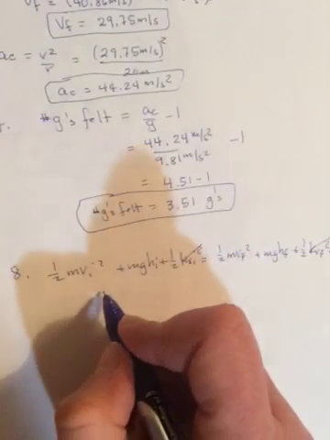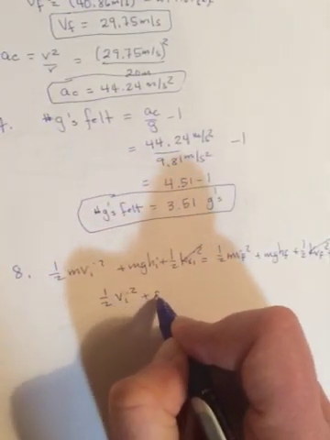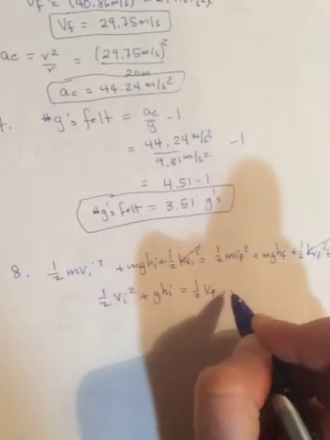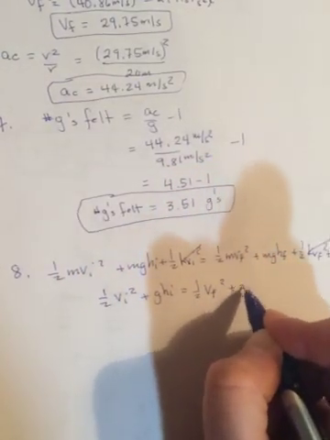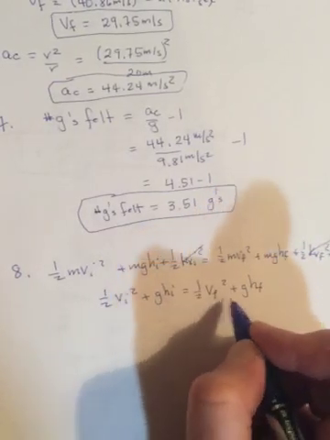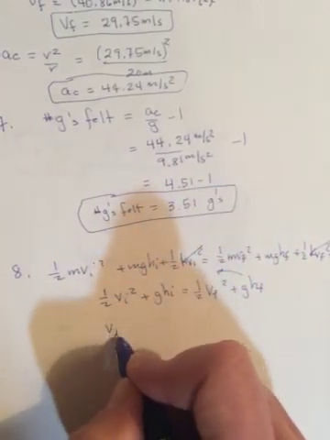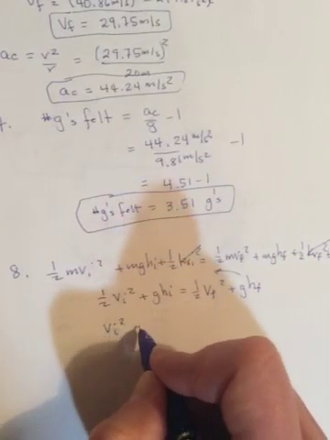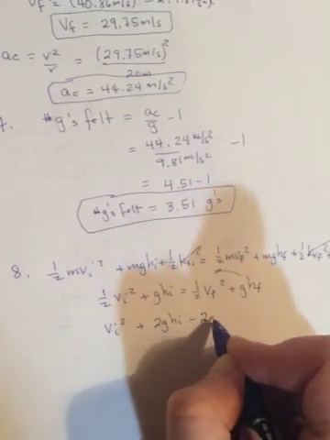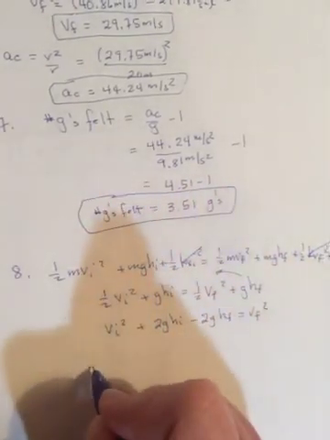There's an m in all 4 of the terms left, so they all cancel. So you'll be left with this, and you're looking for, once again, the v final. So multiply everything by 2 and take this over. So you'll have v initial squared, plus 2 g h i minus 2 g h f equals v final squared.